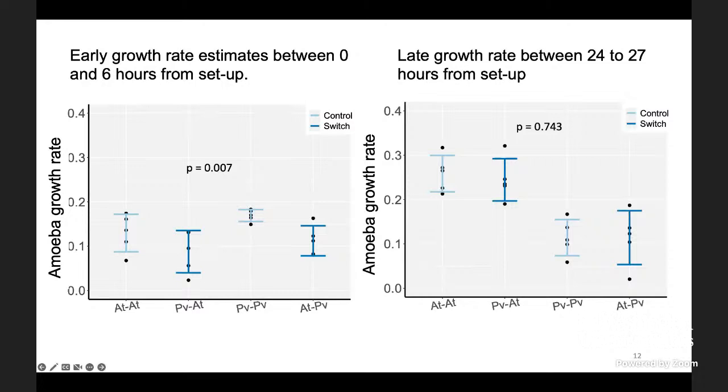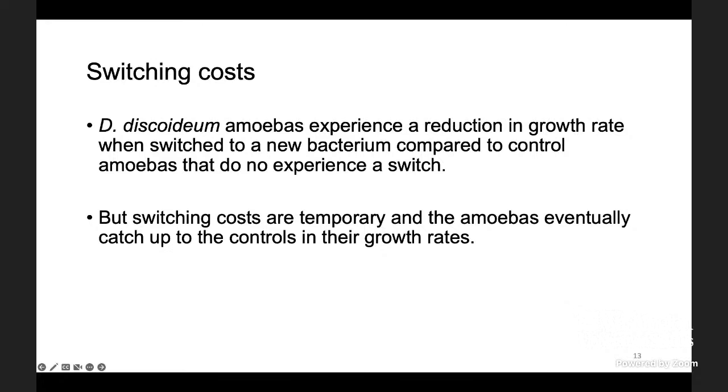But then if I look at late growth rate calculated between 24 and 27 hours from setup, the controls and switches are similar now. The switches have caught up in their growth rate to controls. So basically, yes, amoebas experience a reduction in growth rate when they are switched to a new bacterium, but these switching costs are temporary and amoebas eventually catch up in their growth rate.